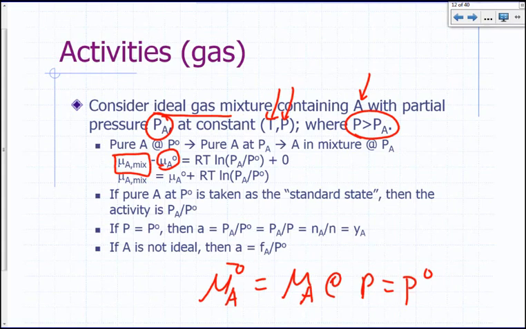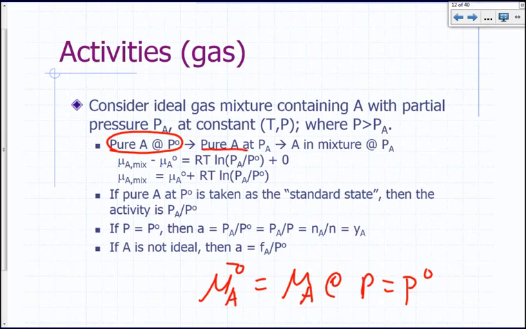The difference between those two would just be the total change in the chemical potential if you imagine starting with a pure sample of A at pressure P naught. That's your A at the standard state.